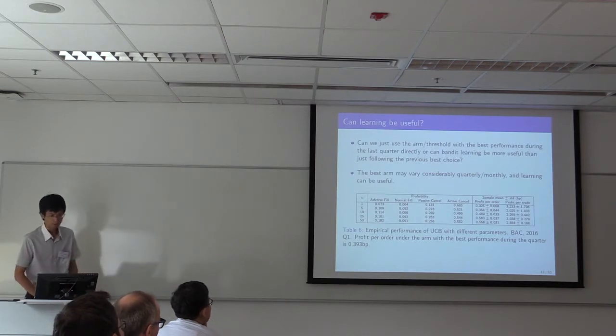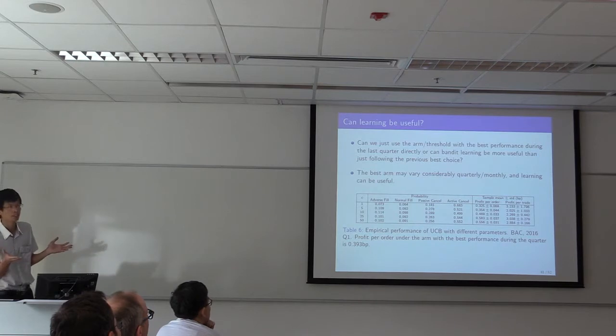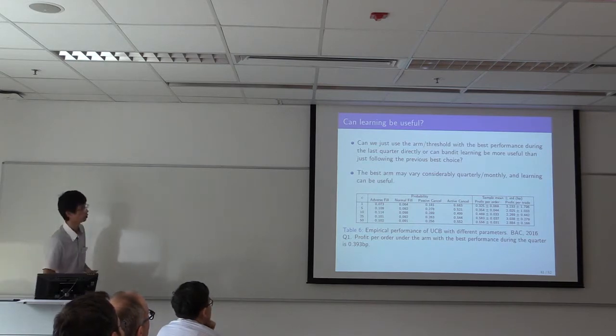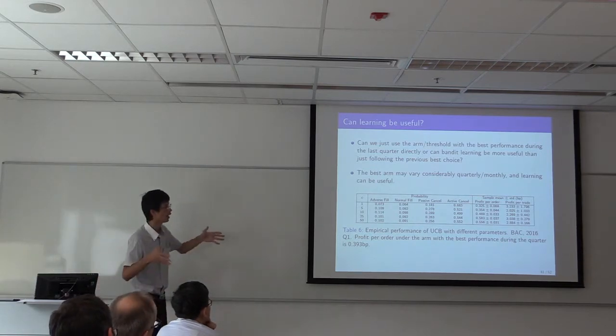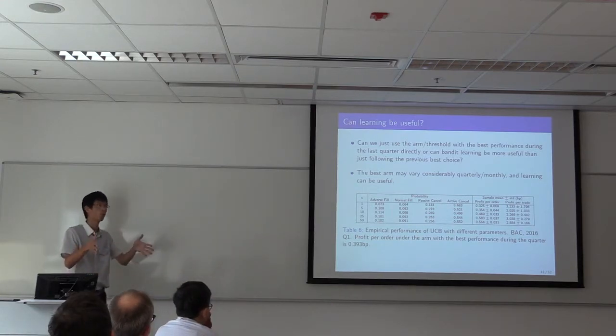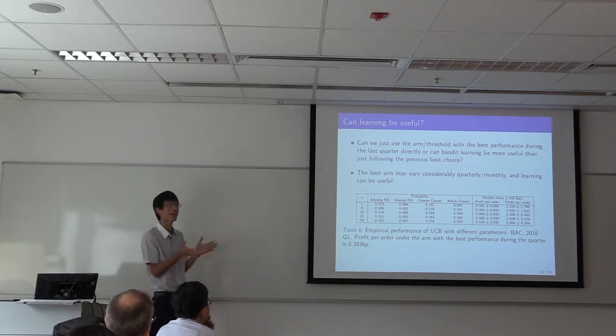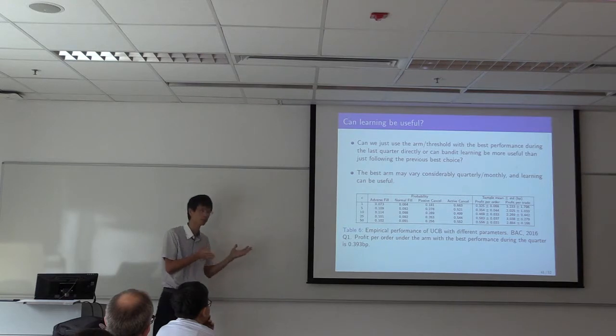All right, so of course, a question that one might ask is, can learning really be useful? For example, we are applying these bandit strategies over the second quarter of Intel. You can apply the threshold-based cancellation strategy, but why not just follow the previous best choice?